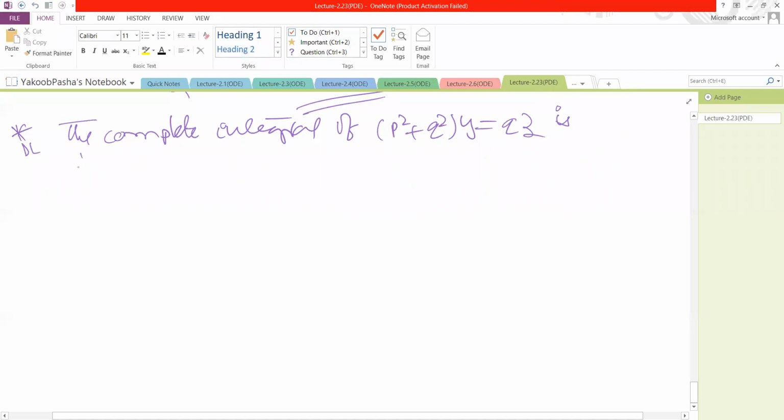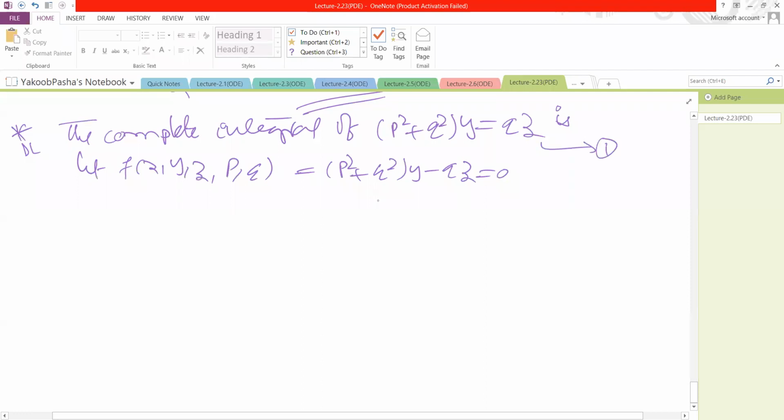First I am taking f of x, y, z, p, q is equal to (p square plus q square) into y minus qz, that is equal to 0. This is the equation.